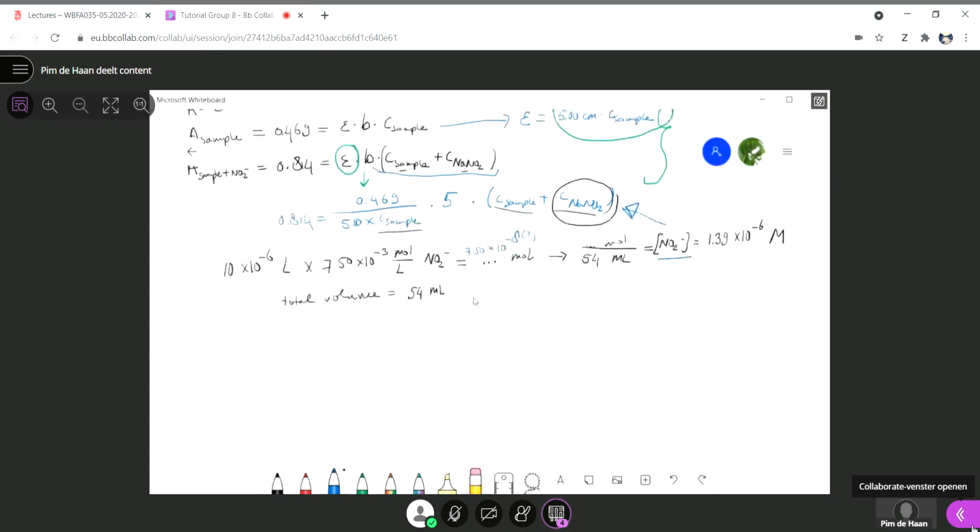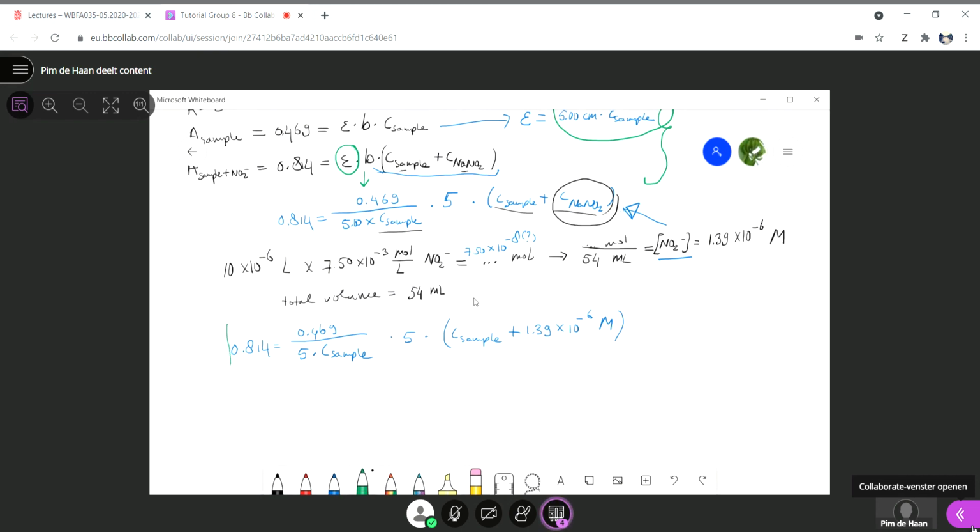And then we have 0.814 equals 0.469 divided by 5 times C sample times 5 times C sample plus 1.39 times 10 negative 6.